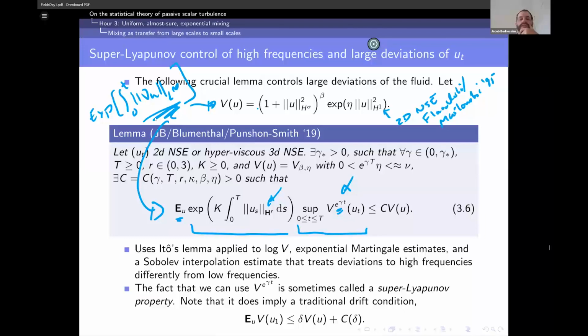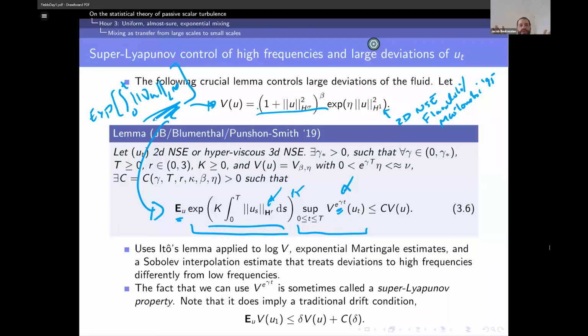But we need more than just the super Lyapunov. We really need this exponential time integral. Basically, it's the thing you need to control some of these higher regularity things. You need to really treat high frequencies and low frequencies separately. Fluctuations in the low frequencies are very different from fluctuations in the high frequencies.